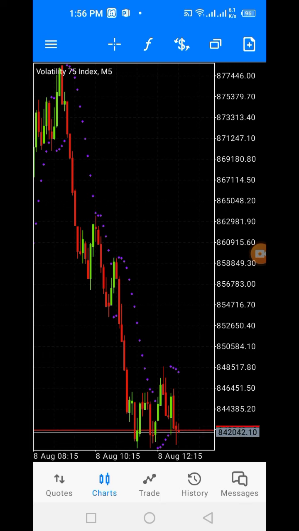So I told you that with this strategy using the parabolic star indicator, we generate signal on higher time frame and take our entry on lower time frame.